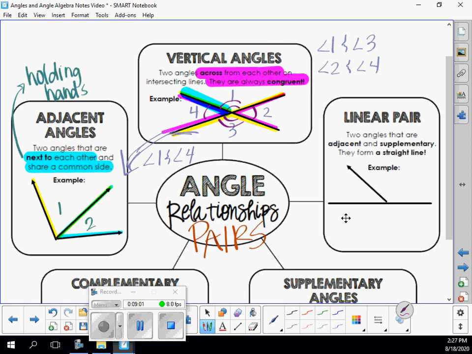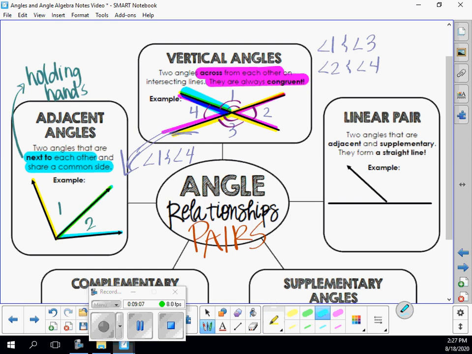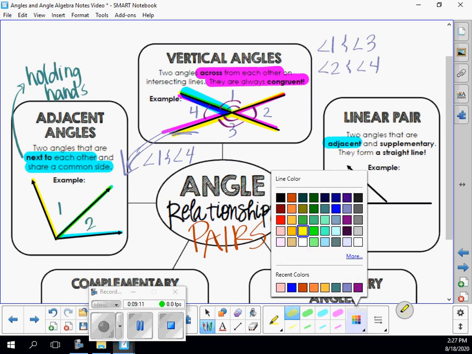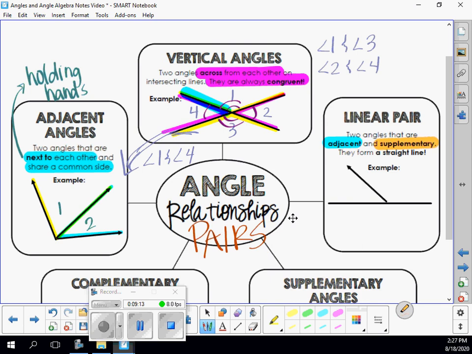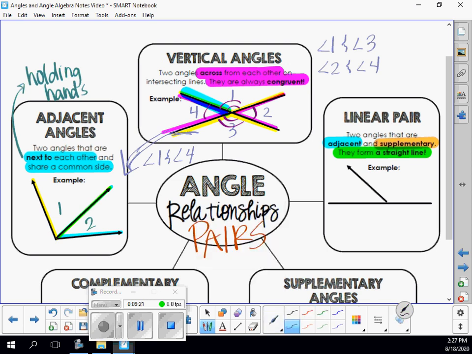A linear pair. Notice that a linear pair has some vocab in there that we've already seen: adjacent and supplementary angles that always form a straight line. So if they're adjacent, they must be next to each other, and if they're supplementary, they must add to 180.